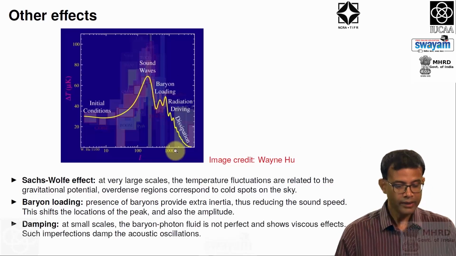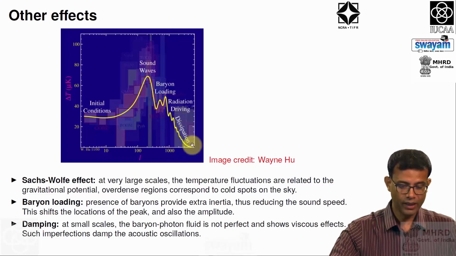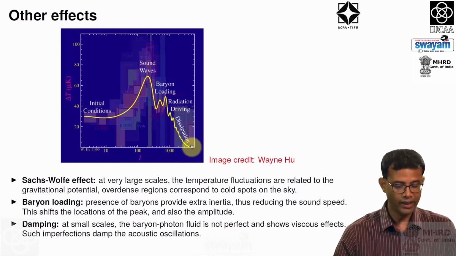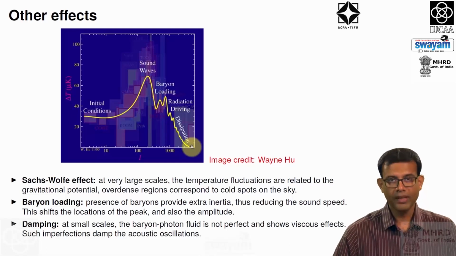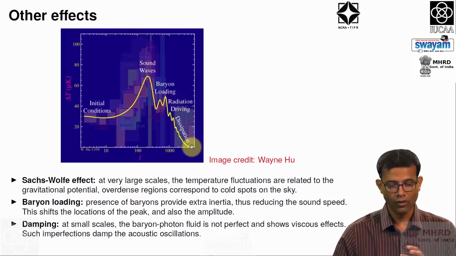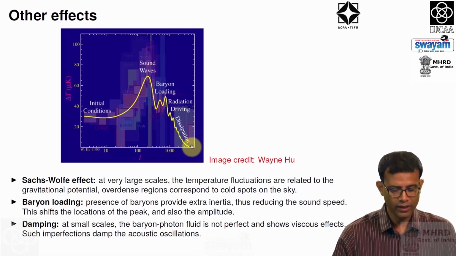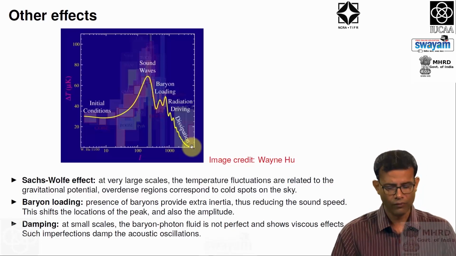Then there are damping effects, or dissipation, which occur at very small scales, at large L. At small scales, this baryon-photon fluid, remember these baryons and photons, the electrons and the radiation, are constantly scattering off each other, interacting very closely. So, they act as one fluid, the baryon-photon fluid.